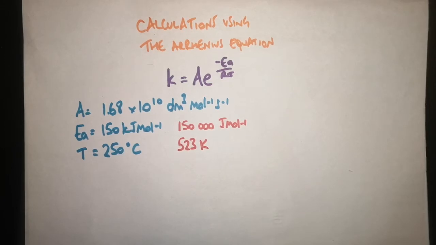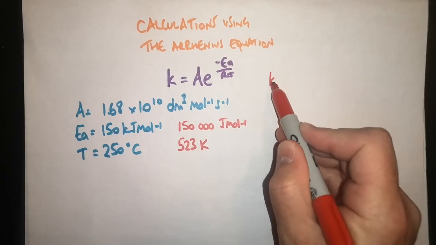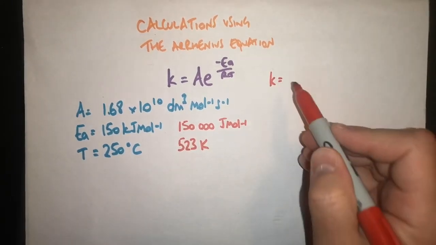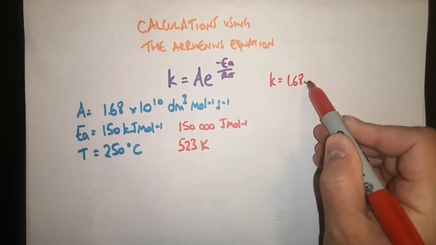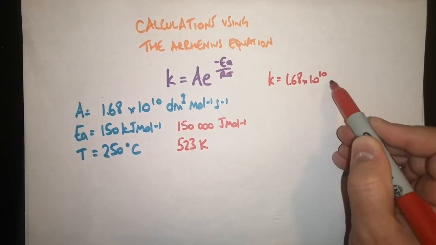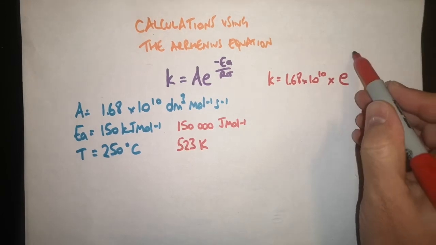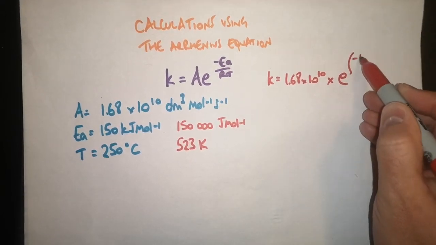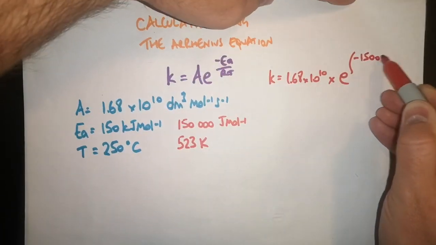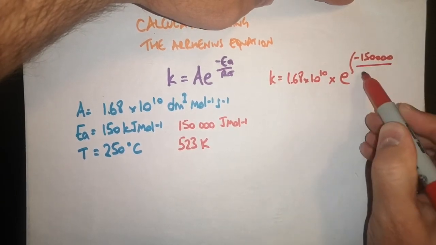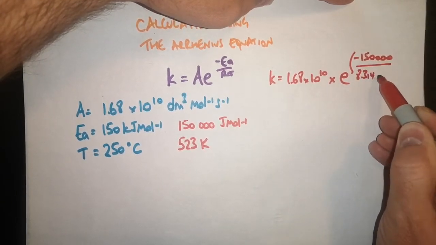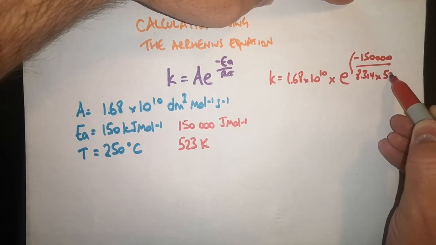Then if we put the numbers into our equation, we should see that k is equal to 1.68 times 10 to the 10 multiplied by e, remember that's a number, raised to the power of minus 150,000 over 8.314 times 523.